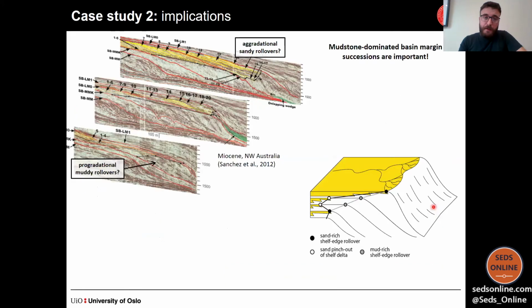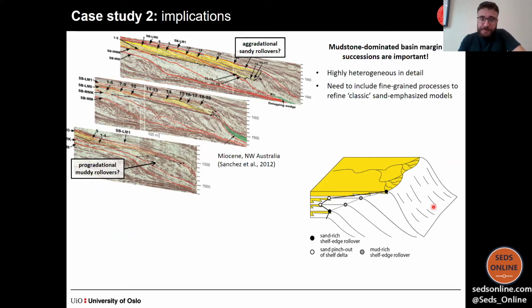So what are the implications of all this? Mudstone-dominated basin margin successions are important, and I hope you will be convinced by what I have shown you. They can be highly heterogeneous in detail, and therefore we need to include fine-grained processes to refine our classic models that are very sand emphasized, especially all our facies models that we show when we study at the university.